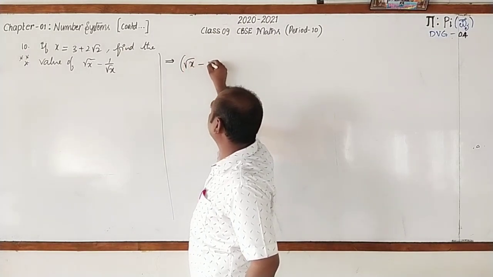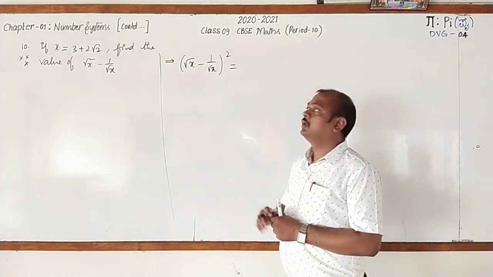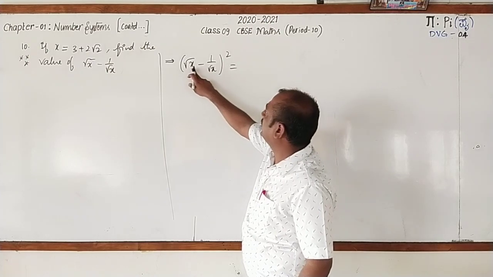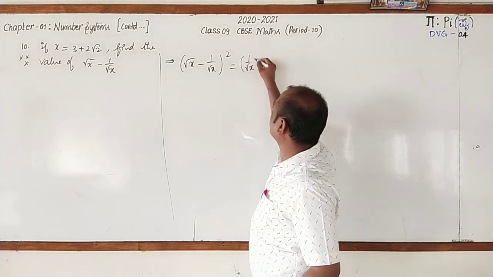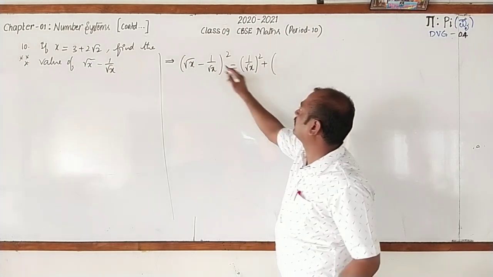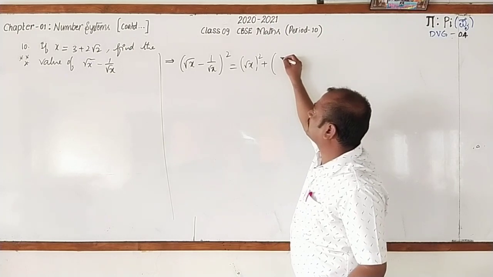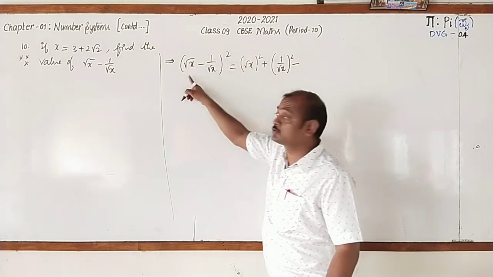Root x minus 1 by root x whole square. On squaring, you can write, it will be in the form a minus b whole square. That is a square, root x whole square, plus b square, 1 by root x whole square, minus 2ab.